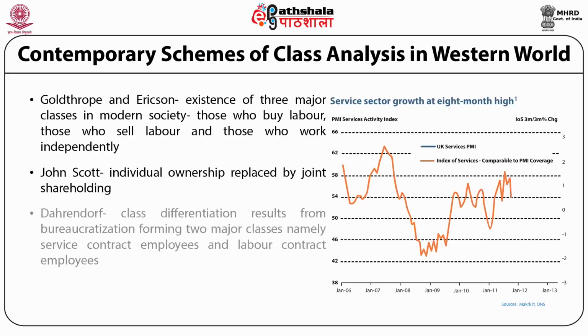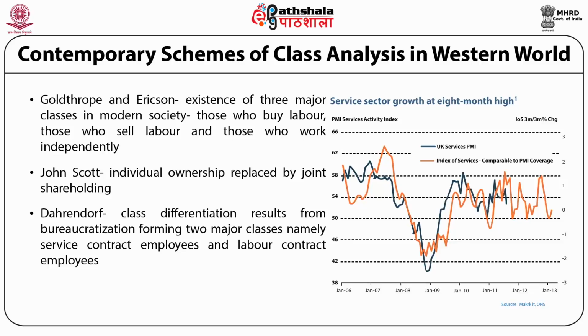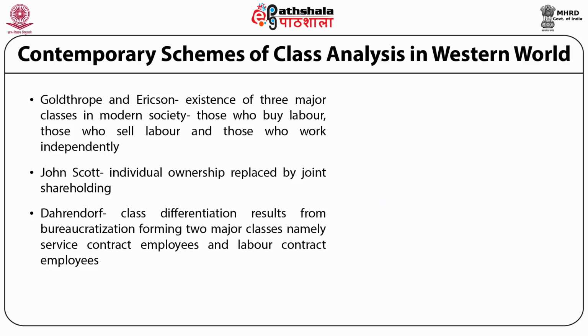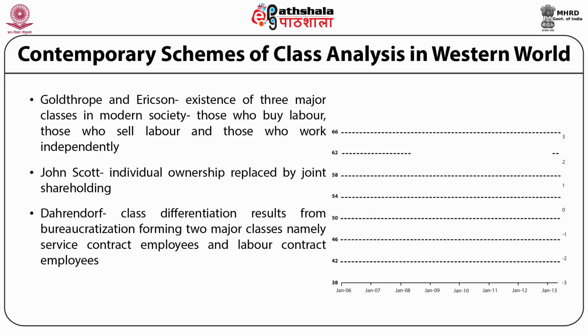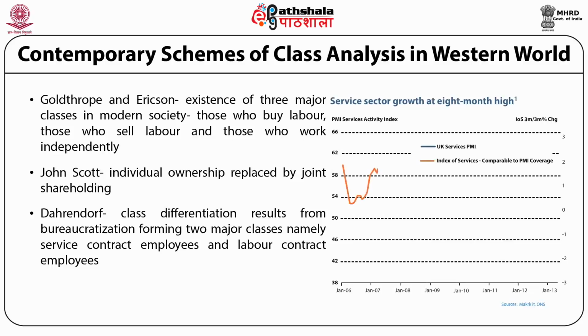Another scholar named Darren Roff states that class differentiation results from bureaucratization, as a result of which two major classes have come into existence. And these two classes which have been identified by Darren Roff are the service contract employees and the labor contract employees.